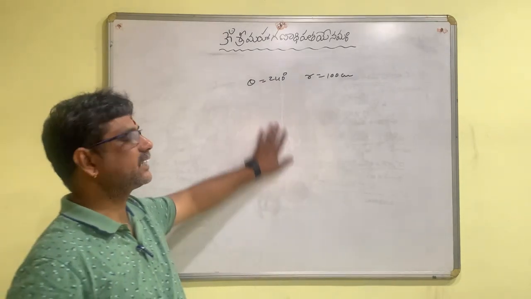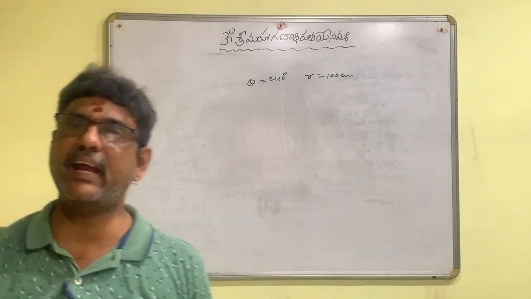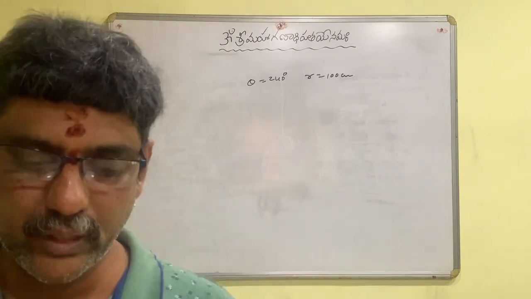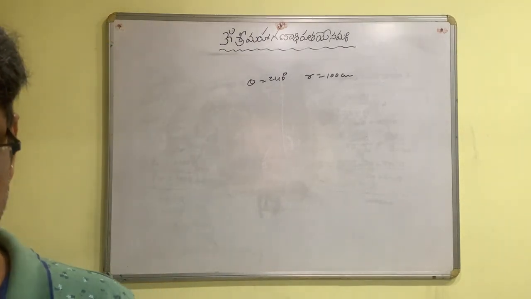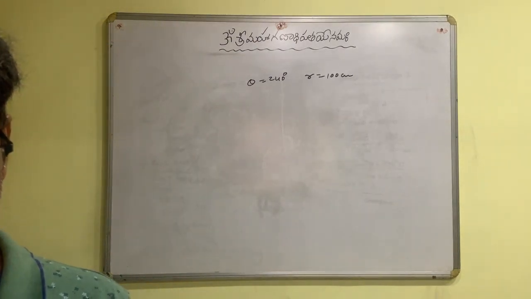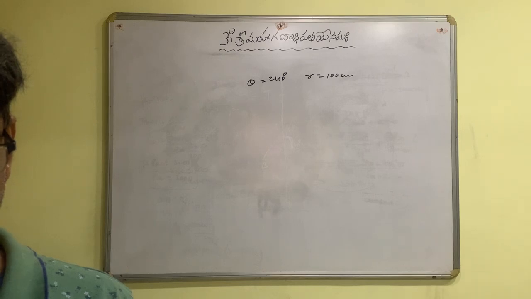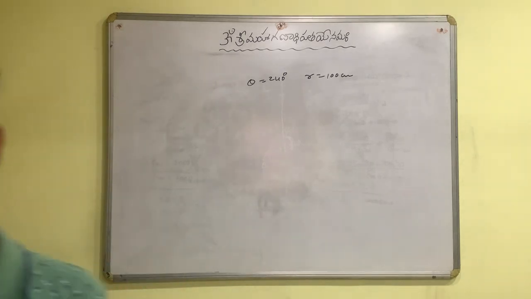So the area of this sector is equal to the area of another circle, and you need to find the radius of the new circle.